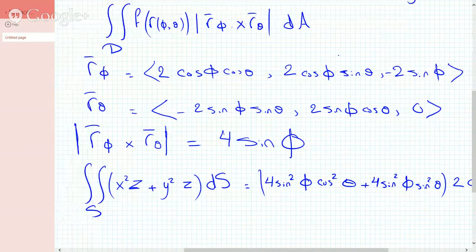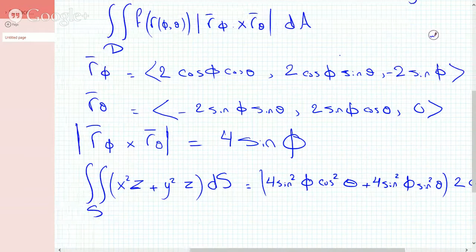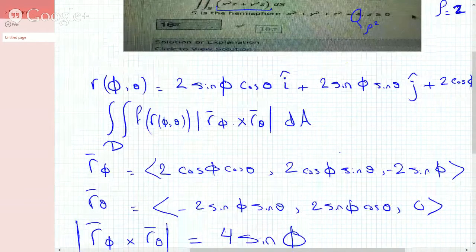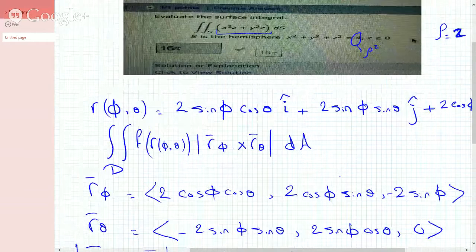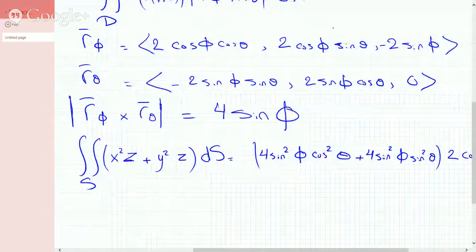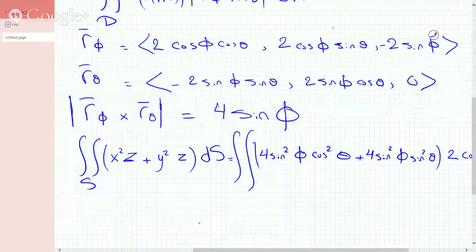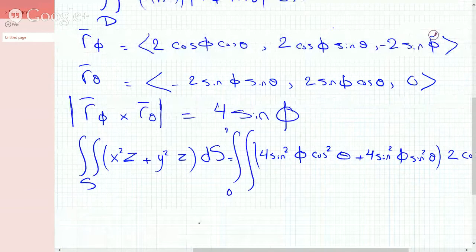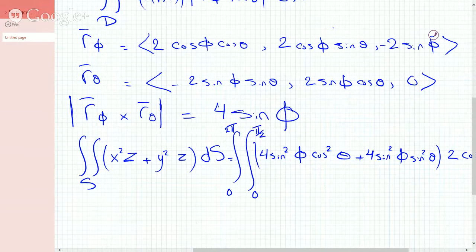And since the question says z is greater than 0, and this is the hemisphere, that means our theta is going from 0 to 2 pi because we're traversing a complete circle, but our phi only goes down to the xy plane where z is greater than 0, so it goes from 0 to pi over 2.